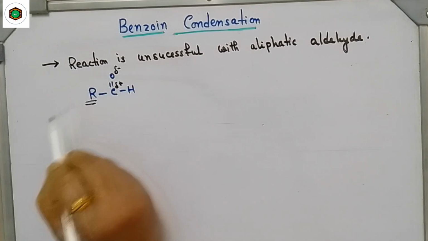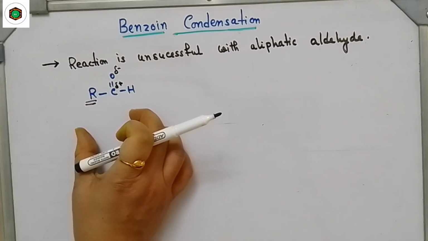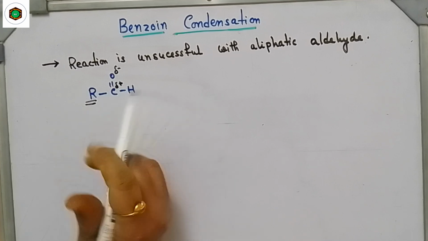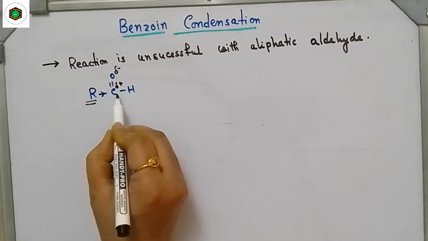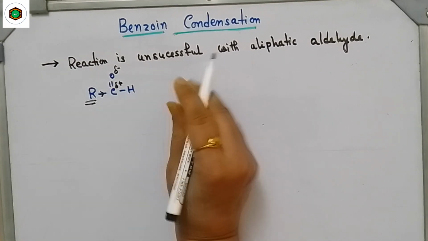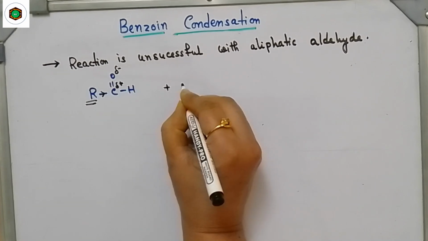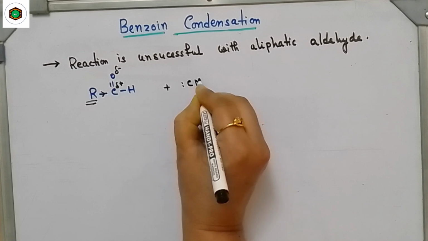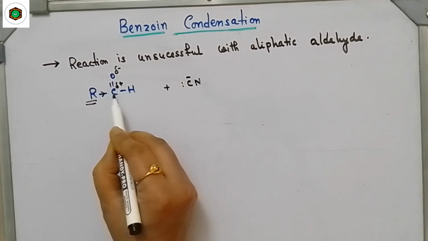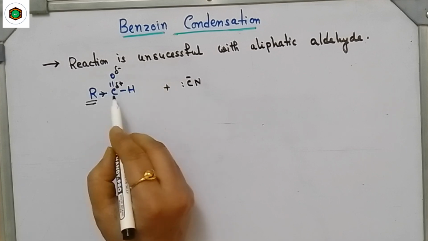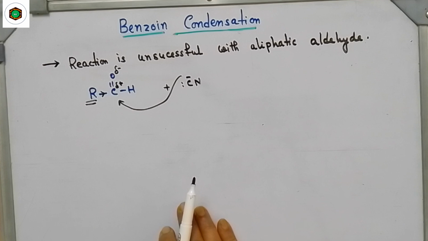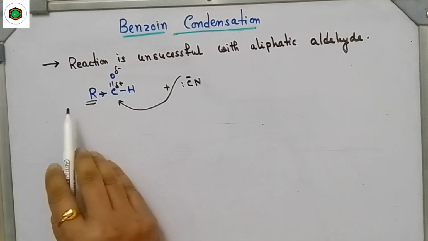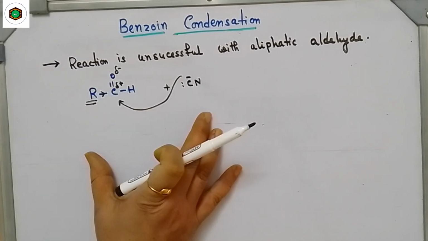And you know the alkyl group, in an aliphatic aldehyde, has a plus I effect, so it will decrease the positive charge density here. We have seen the first step is nucleophilic attack of the cyanide ion. So if positive charge density is decreasing here, then the possibility of this attack decreases. That's why an aliphatic aldehyde will not give this reaction successfully.